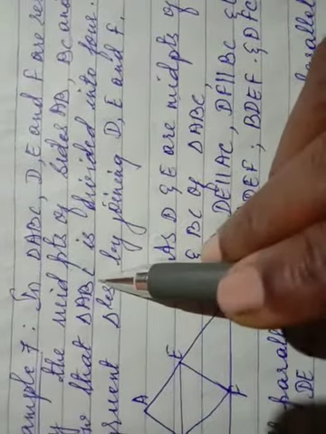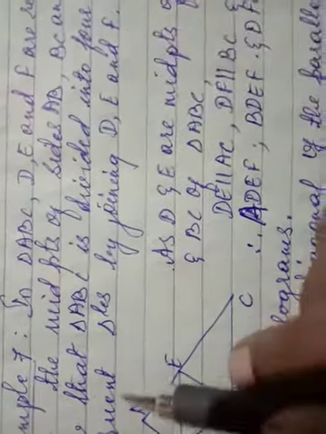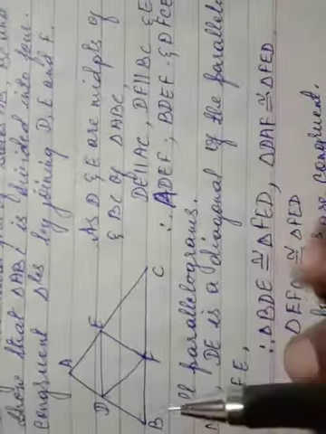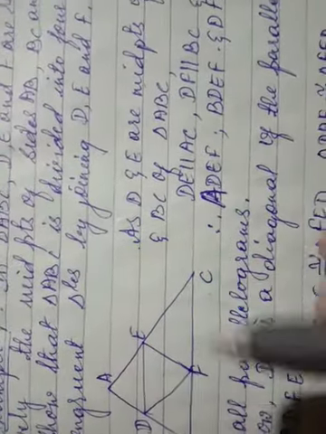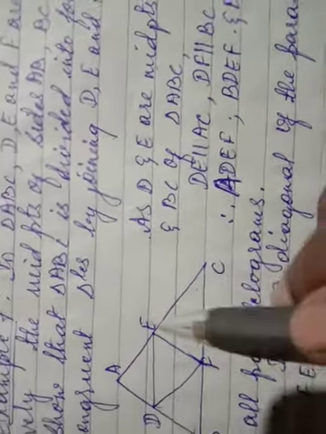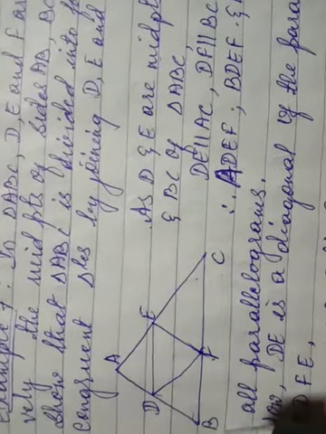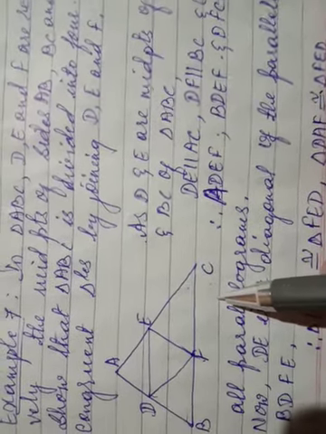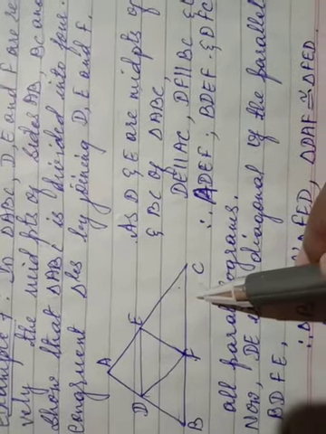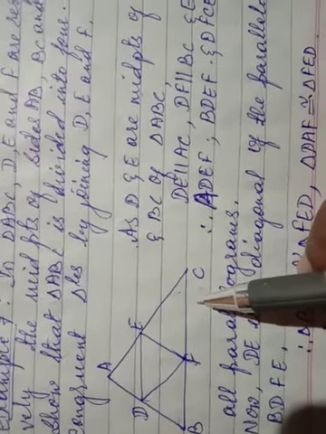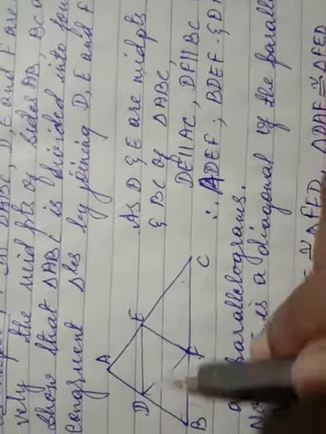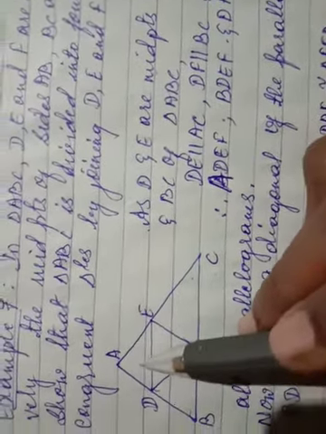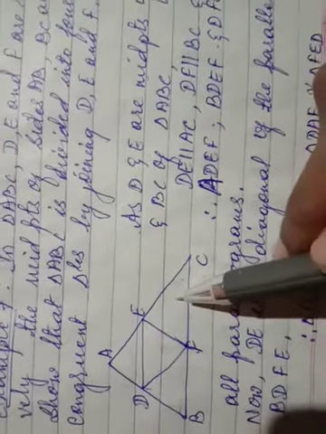Show that triangle ABC is divided into 4 congruent triangles by joining D, E and F. See here, we joined them. How many triangles did we get? 1, 2, 3, 4 congruent triangles.